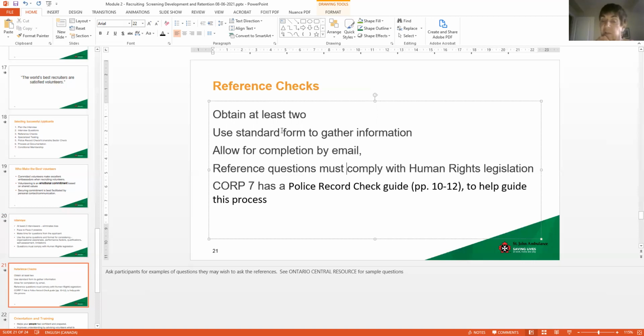Not obtain. I'd get rid of the verbs. You don't need the verbs. And use the number 2 because it's very clear. You don't need the verb. So I'd put two reference minimum.